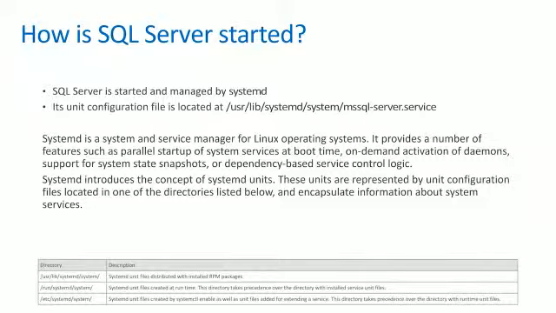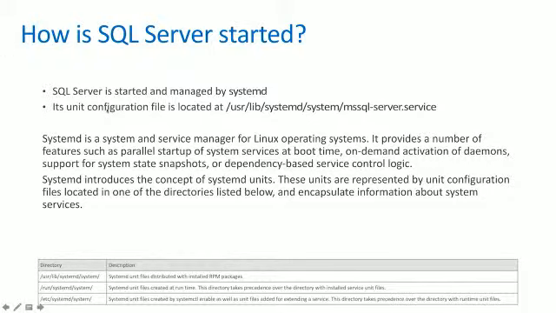So SQL Server is launched and managed by, we talked about systemctl, right? So what's actually launching it? What's actually calling underneath it? SQL Server is launched and managed by systemd, which is a service manager for Linux operating systems. Typically for each service that's managed by systemd, there's a systemd unit configuration file.